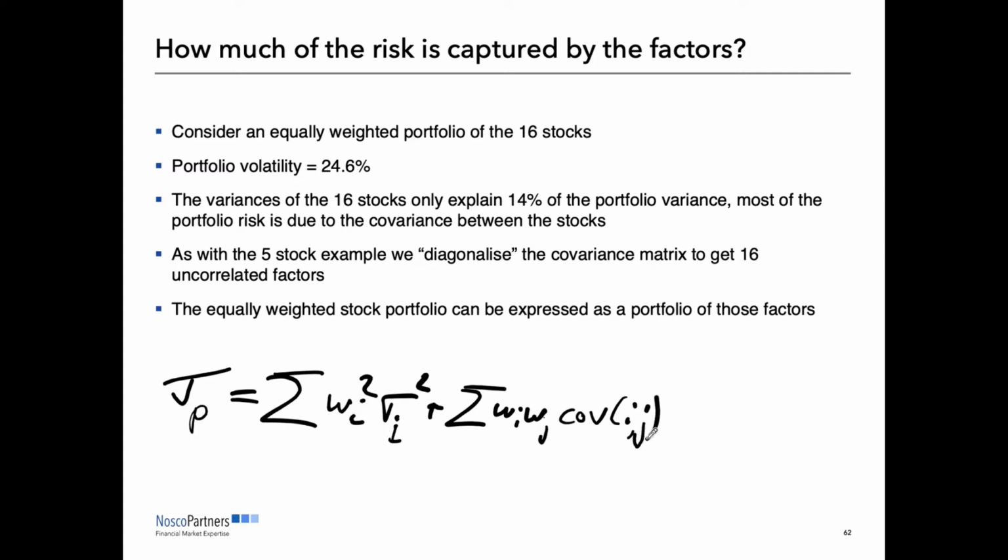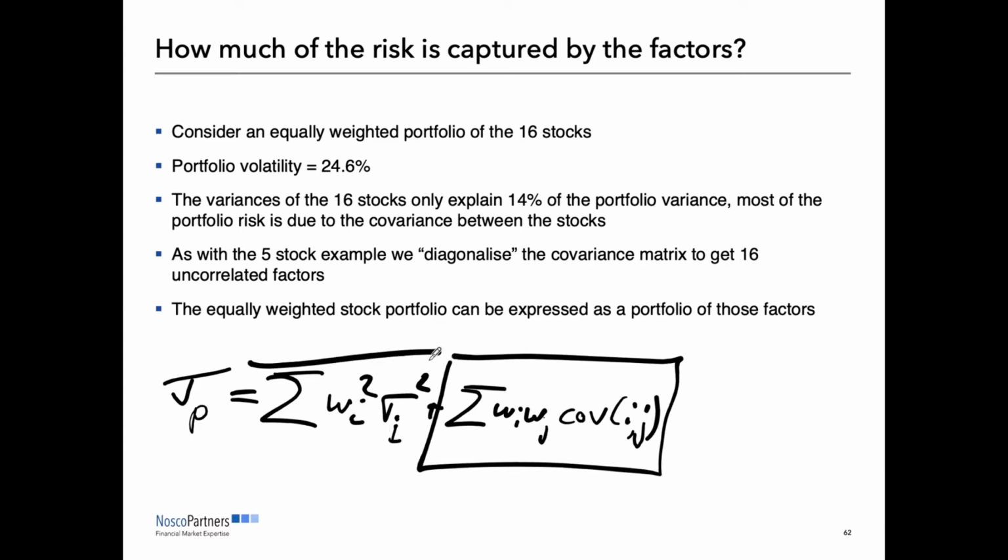I, J. And so actually most of the risk sits in here. Only, what did I say, 14% is here. Now, that doesn't tell us much. It just tells us, okay, there is a lot of covariance going on here. There's a lot of co-movement in this space.